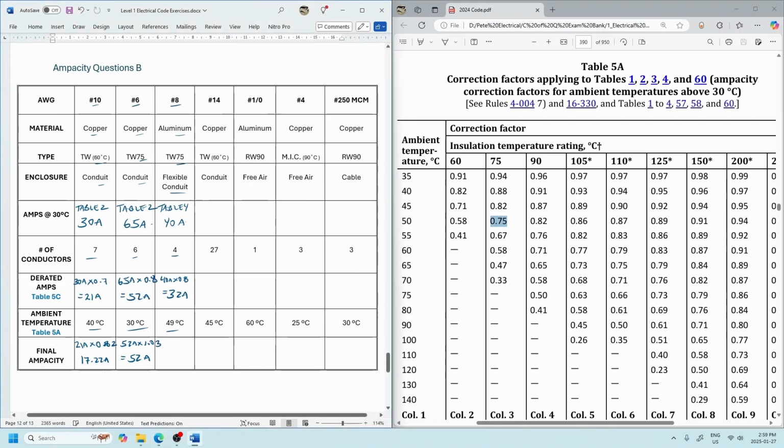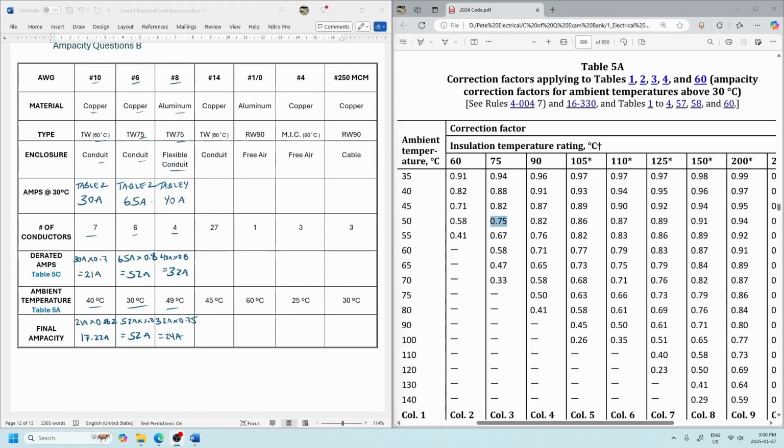So we got 32 amps, multiply that by 0.75, and that gives me a maximum ampacity of 24 amps for the aluminum number 8 TW75 run in flexible conduit with 4 conductors in the pipe and an ambient temperature of 49 degrees Celsius. Okay, let's do the next one, guys.